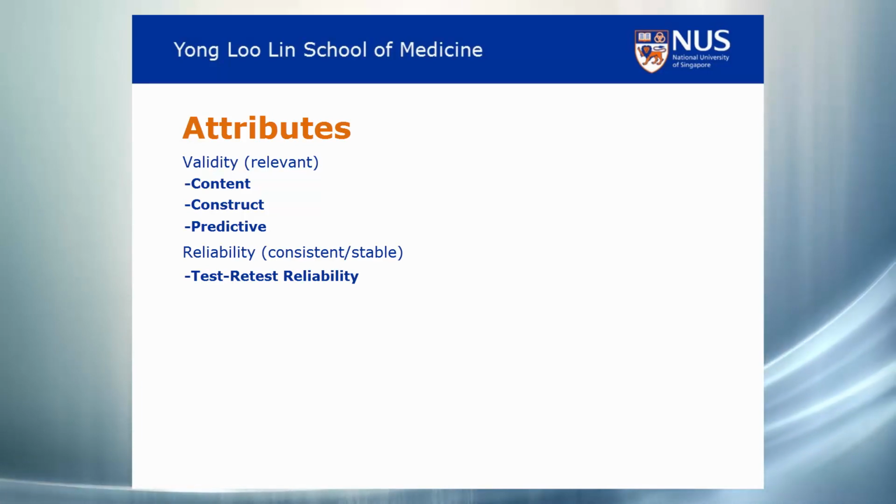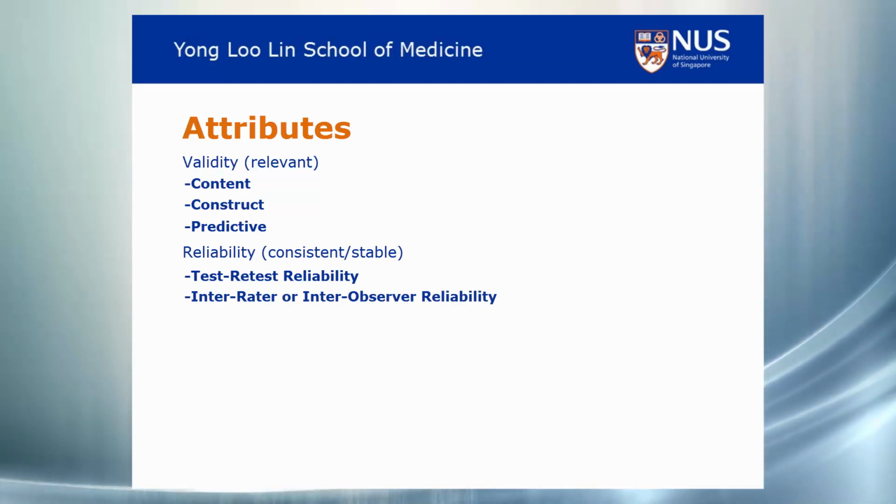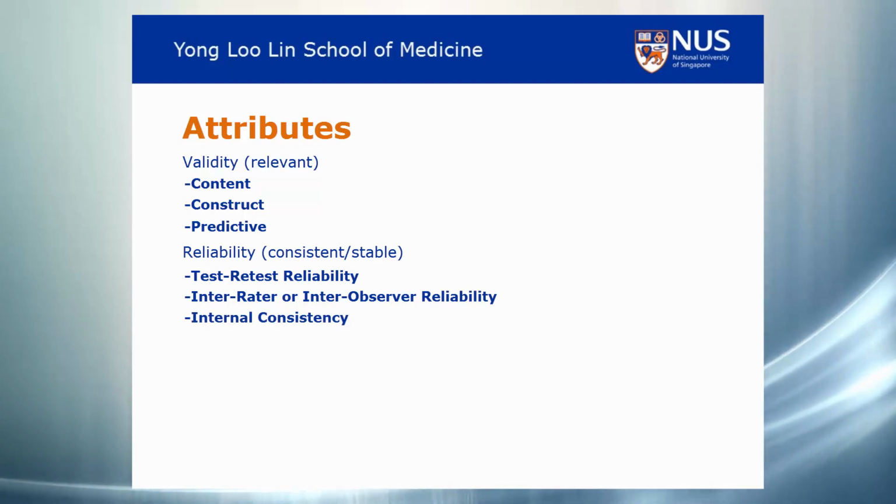So test-retest is paramount in selection processes. Second is inter-rater or inter-observer reliability. That is, if you use more than one observer, both more or less concur in getting similar results or grading. And then finally, the internal consistency or stability of that particular station or tool.